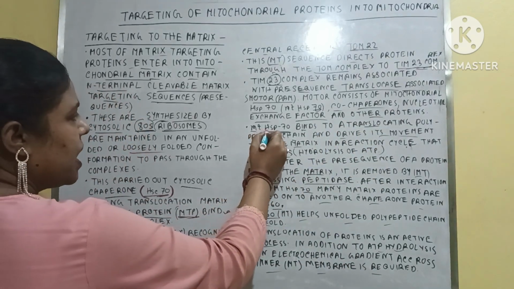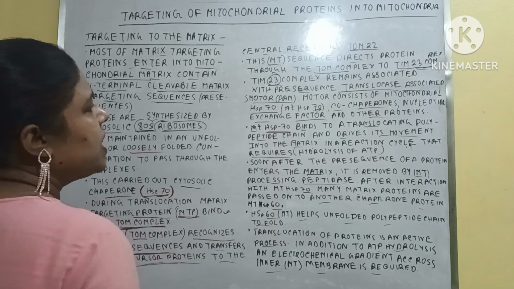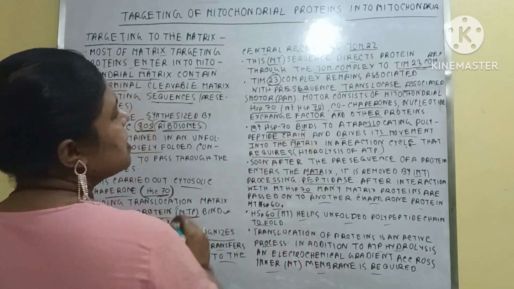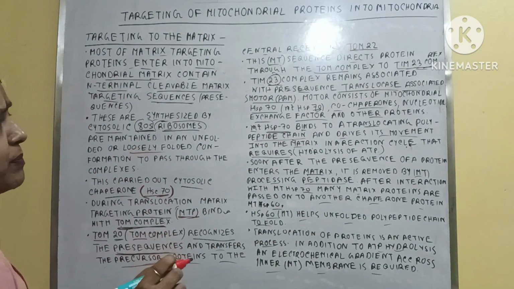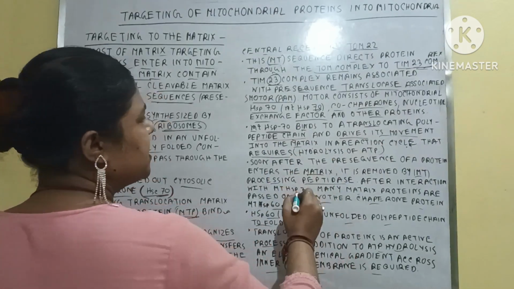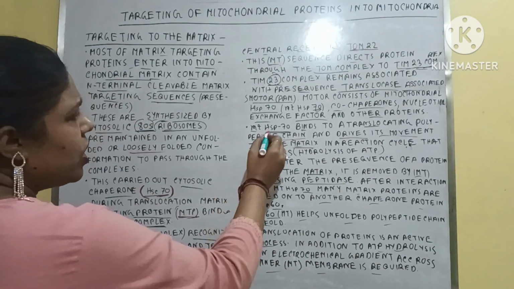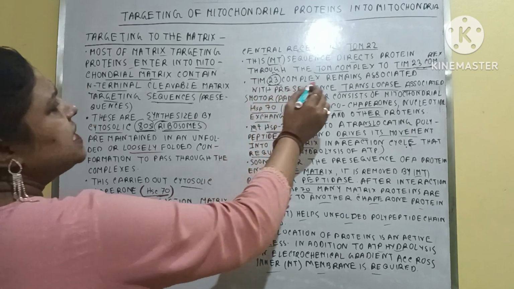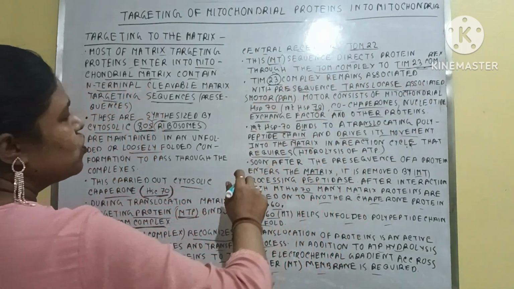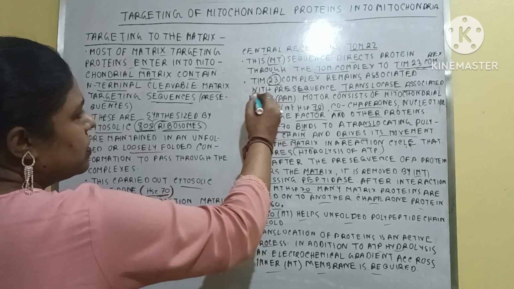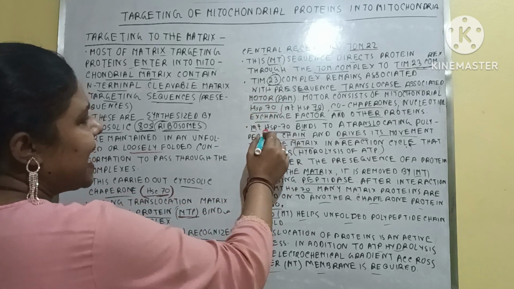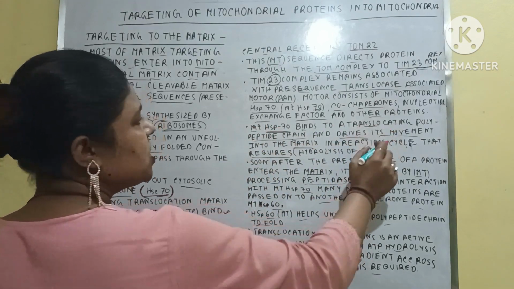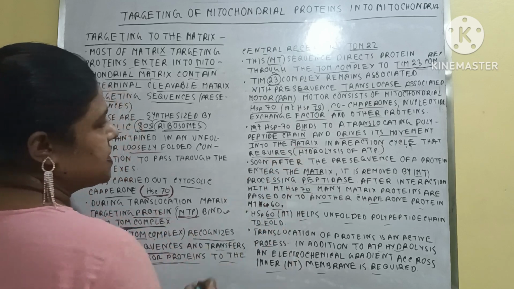The mitochondrial HSP70 binds to the translocating polypeptide chain and drives its movement into the matrix. So the HSP70 present within the motor has an important role, because it binds to the translocated polypeptide chain and drives its movement to the matrix.